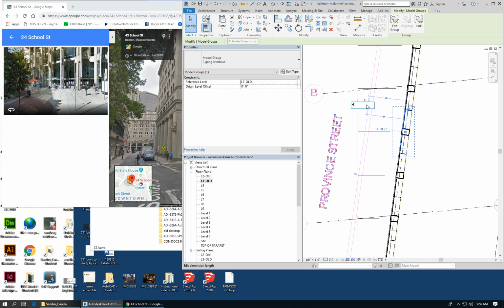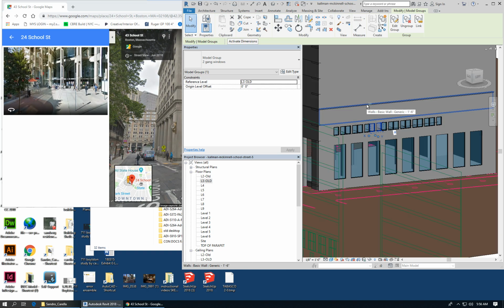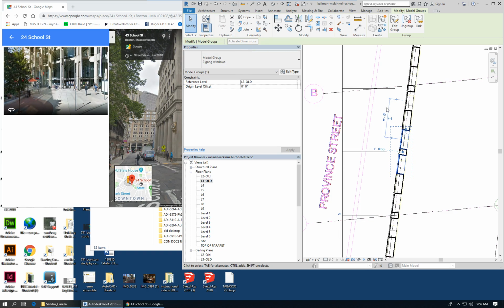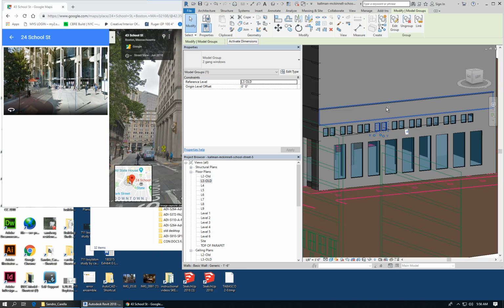I don't remember what this was. 4. Go to different view. No, it's got to be much more than that. 8.